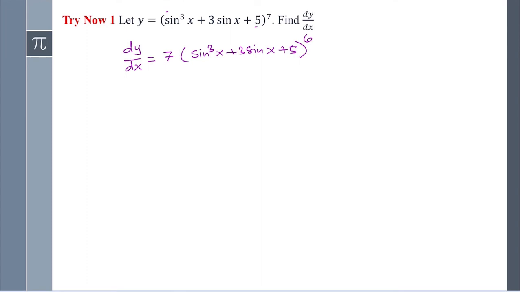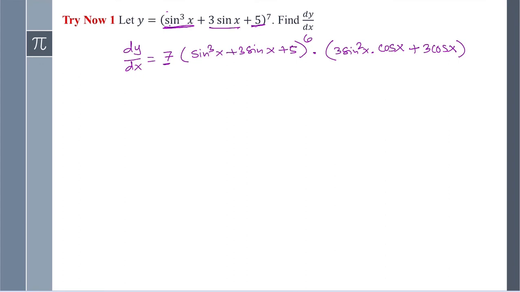Now that's the derivative of this outside function times the derivative of the inside function. The derivative of sine cubed x is 3 sine squared x times the derivative of sine x, which is cosine x. Then plus the derivative of 3 sine x is 3 cosine x, and then the derivative of 5 is just 0, so we just have that one, okay?